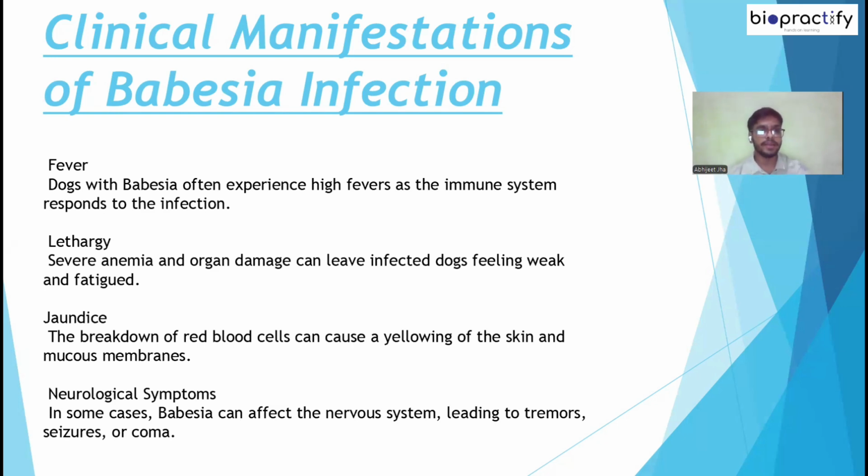Lethargy, severe anemia, and organ damage can leave infected dogs feeling weak and fatigued. Jaundice, the breakdown of red blood cells, can cause a yellowing of the skin and mucous membranes. Fourth point is neurological symptoms. In some cases, Babesia can affect the nervous system, leading to tremors, seizures, or coma.